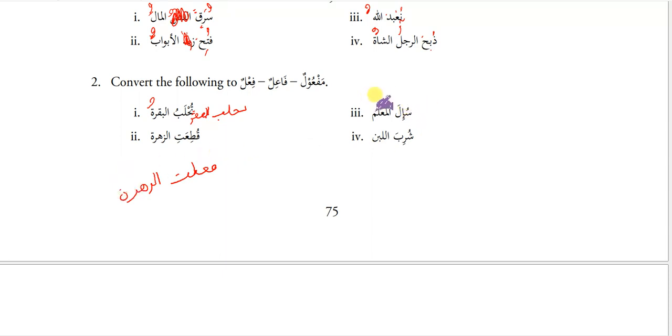Su'ila al-mu'allimu, so you can say sa'alta al-mu'allima, you asked the teacher. Shuriba al-labanu, so you can say shuribta or shariba Zaidun, whatever you want to say, al-labana, but you have to make it maf'ul.